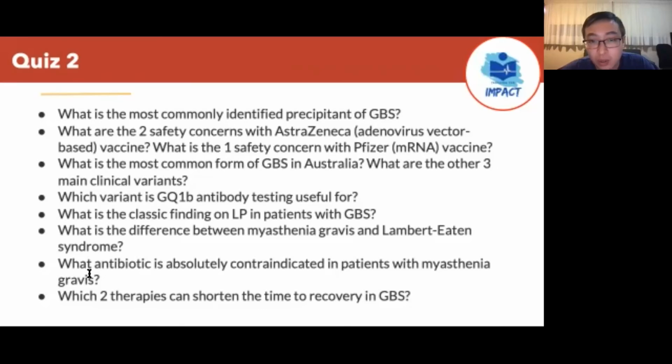One thing that we haven't talked about is the antibiotic that is absolutely contraindicated in patients with myasthenia gravis. Do you guys know what that is? There's one antibiotic that you should never put patients with myasthenia gravis on.